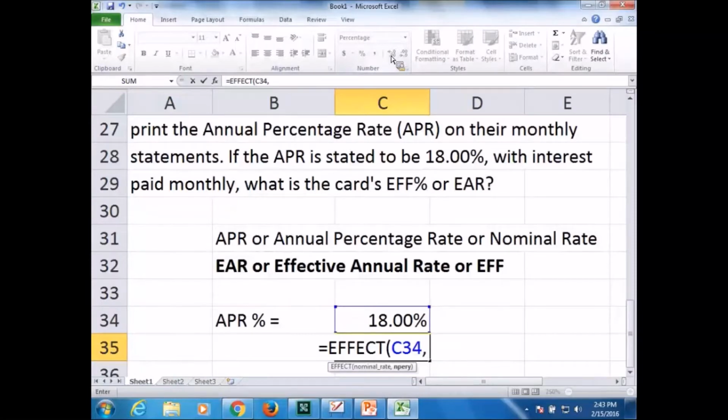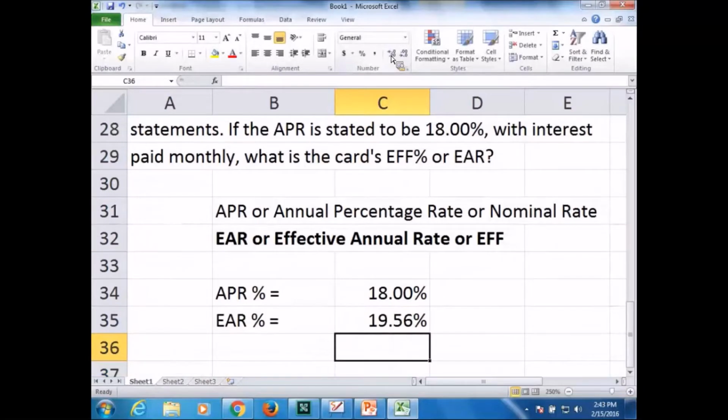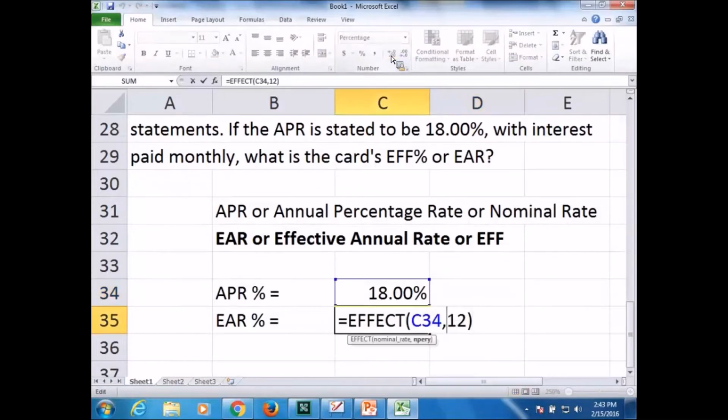If they say 18% with monthly payment of interest, meaning we have 12 months in a year, we put 12. If the rate said daily compounding, how many compoundings per year would we have? 360 or 365, yes. Okay, fine.